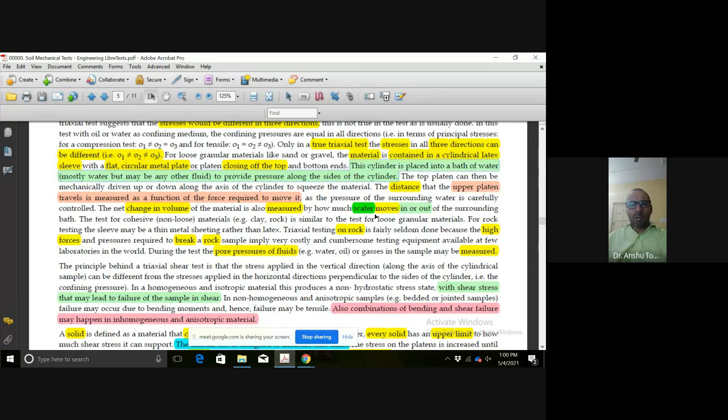So there are three different categories of test, in which sometimes the water is allowed to move in and out, that is drained and undrained. The pressure is allowed to release in the water bath.